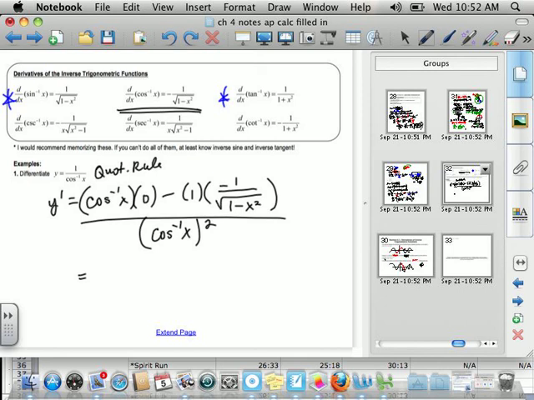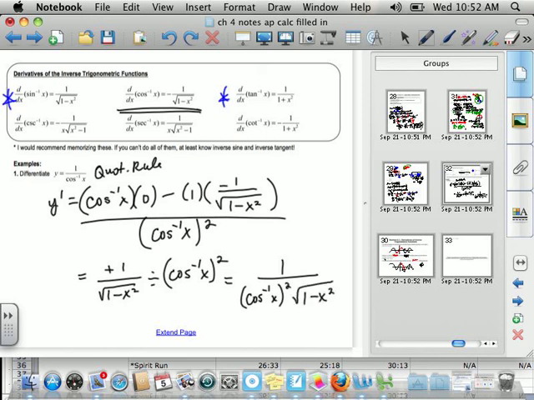I have positive 1 now over the square root of 1 minus x squared, and I'm dividing by inverse cosine squared. So your final answer is 1 over inverse cosine squared times the square root of 1 minus x squared. And that's how you would leave your answer. A little scary.